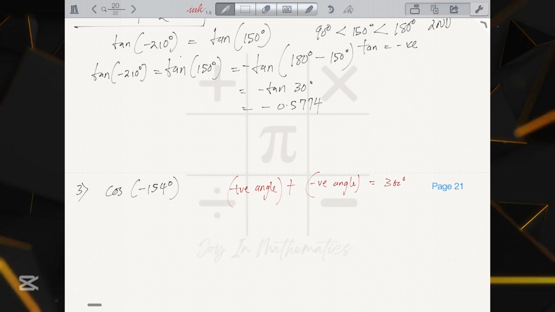So the positive angle here is theta, that's what we are looking for. The negative angle in this case is 154, and the sum is equal to 360 degrees. Therefore theta is equal to 360 degrees minus 154 degrees, and this gives us 206 degrees.